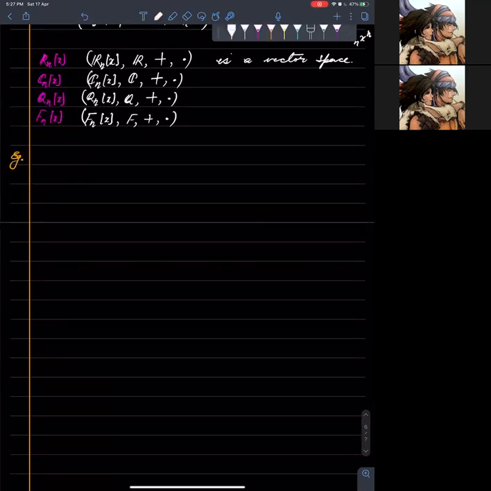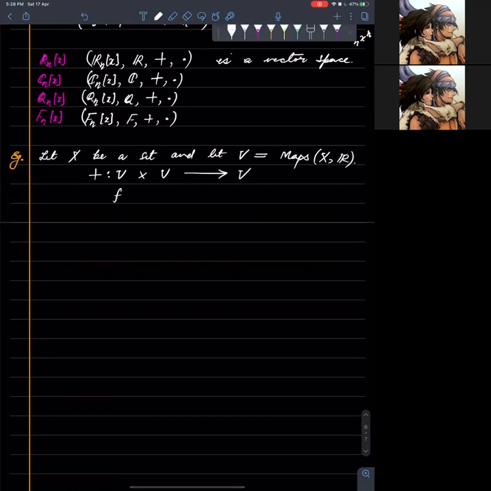Another example is the following. Let X be any set, and let V be the set of all maps from X to R. Just any map from X to R, we put that in V. So V is just a set, and we equip it with this addition. If I have a map f and a map g, then I get a map which we denote by f plus g.